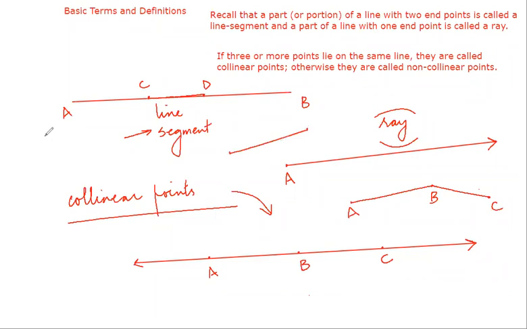You cannot have any 2 points which don't lie on a line. Some line will always connect 2 points. But when you talk about 3 or 4 points, the case is not the same. So these are collinear points and these are non-collinear points. Very right.